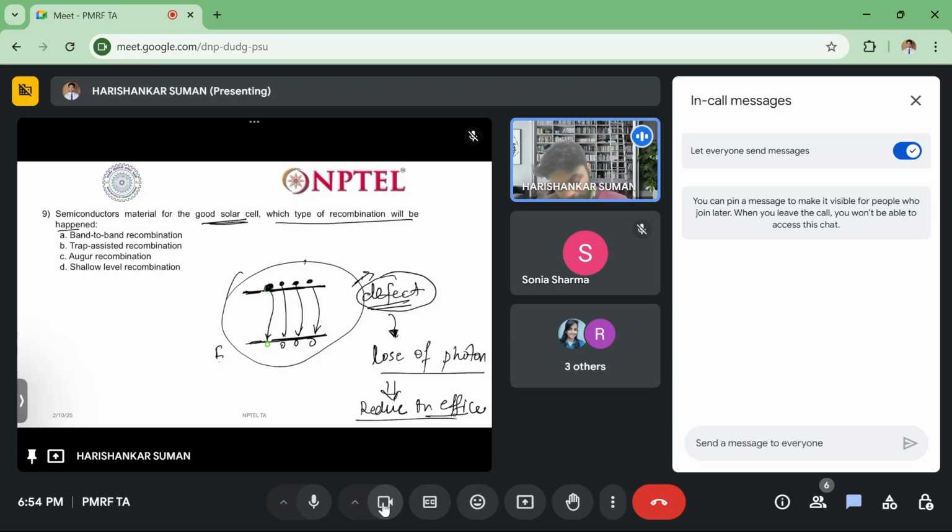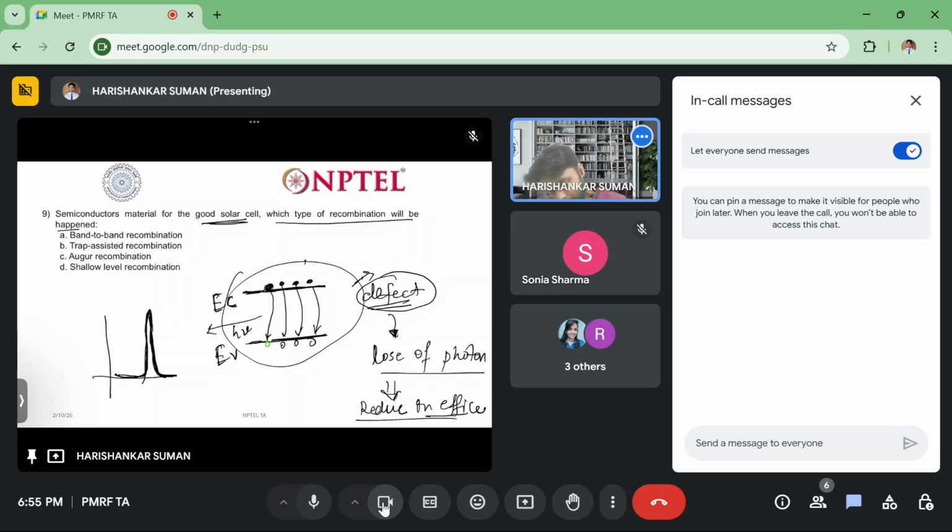This is valence band and conduction band. Via band-to-band recombination, radiative recombination, H nu, a photon is emitted. If we measure the PL, it gives a sharp edge like that.